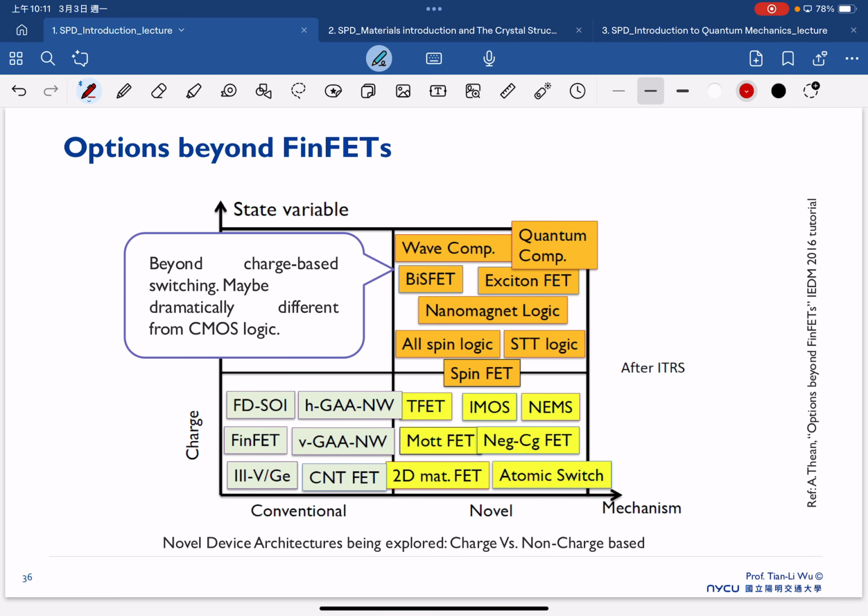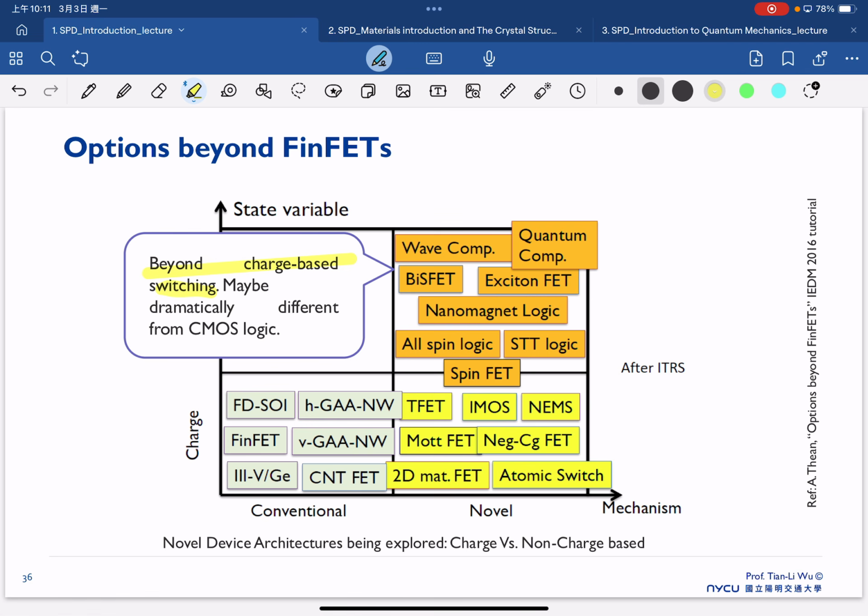Also, there are some technologies we consider beyond charge-based switching. These technologies for sure are very promising, and they don't use the very conventional charge-based mechanism. Why we call it charge-based is because if you look at how we analyze the typical MOSFET, we actually consider the electron charge. We actually consider the whole charge. We actually consider how to turn on and turn off the charge.